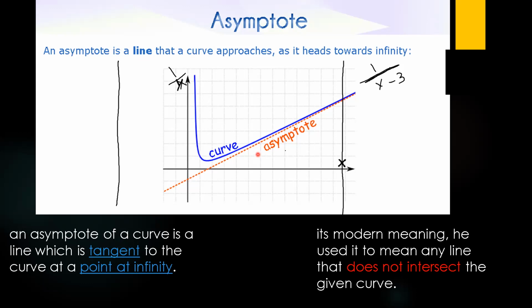It doesn't intersect it. This is the meaning of asymptotes. Is it clear? Teacher, this asymptote is the same line that we draw for the excluded value? Yes, exactly.